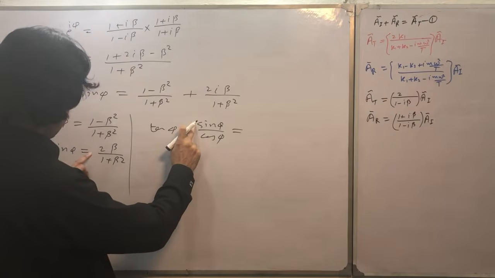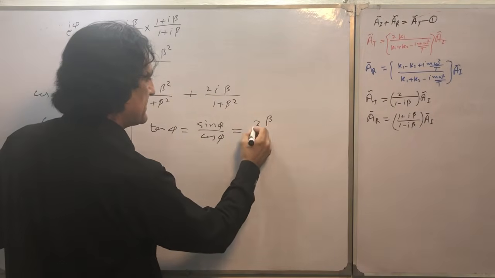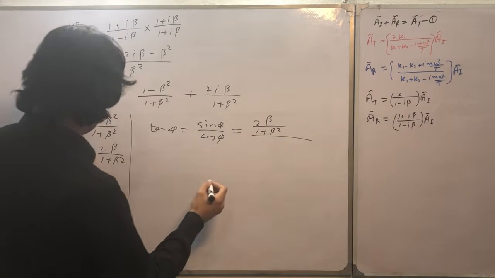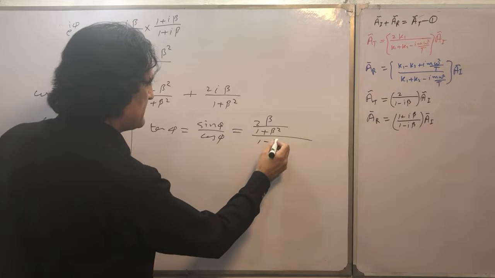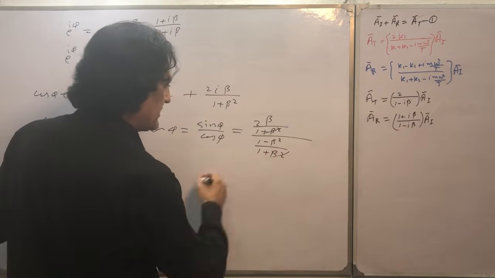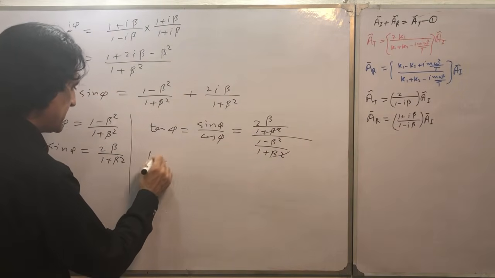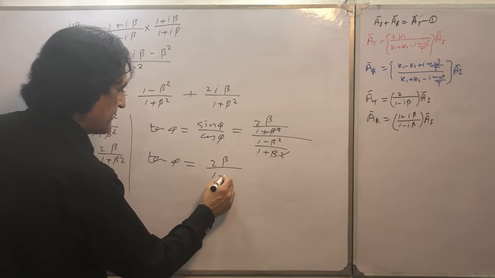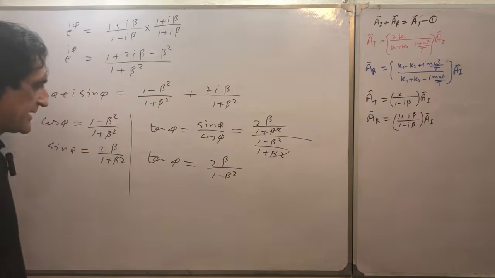Then we have 2 beta divided by 1 plus beta square, divided by 1 minus beta square divided by 1 plus beta square. So this term will cancel with this, then tangent phi will be equal to 2 beta divided by 1 minus beta square.